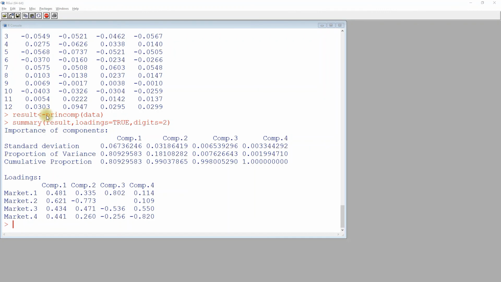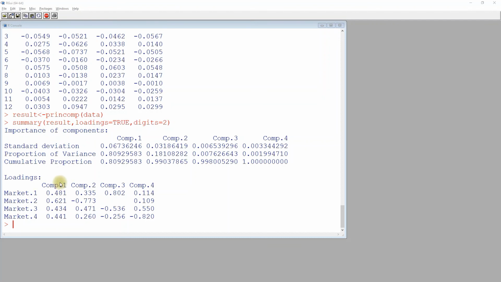Another package can be used as well, and the loadings will be different. So that might change depending on the package. But what matters most is the size of the loading. Large loadings indicate that a variable has a strong effect on the principal component. A large loading, for example, this loading of 0.621, is large and indicates that it has a strong effect on the first principal component.